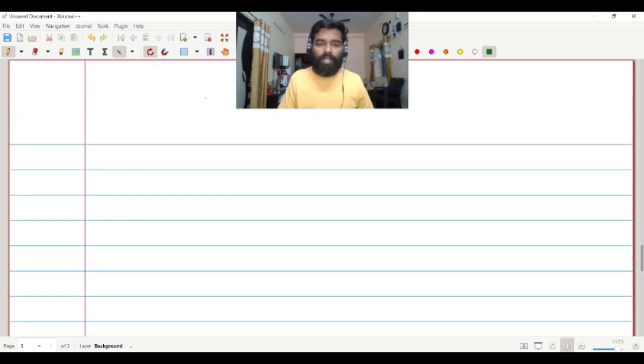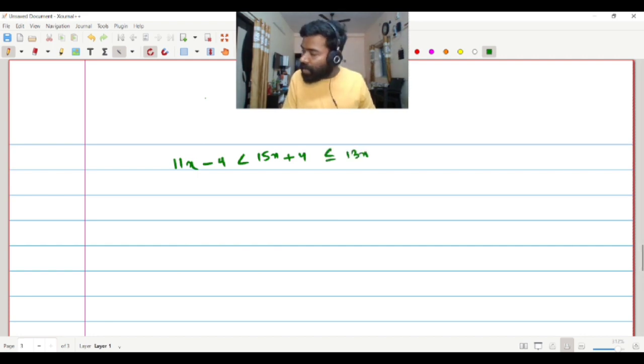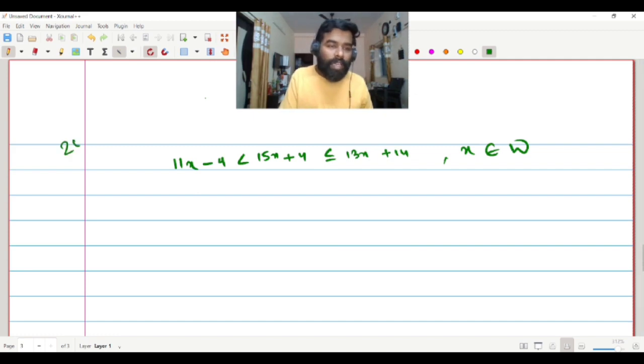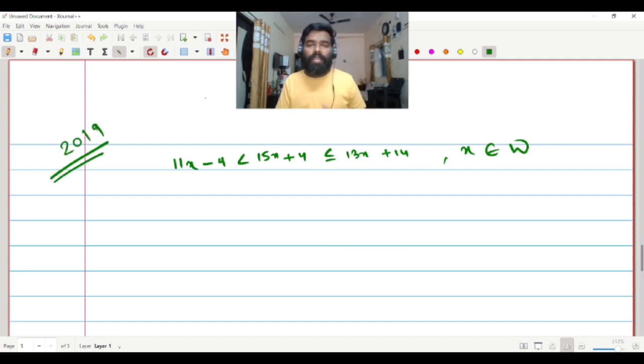Okay, so the last problem, that is 11x minus 4 plus 4, which is less than or equal to 13x plus 14, and here the x belongs to whole number. So this also was there in 2019.